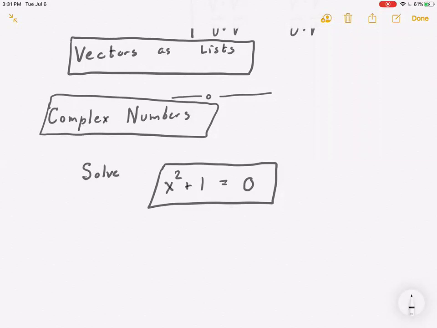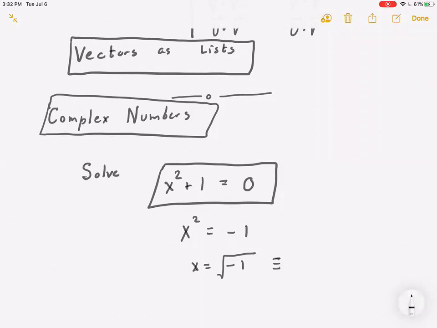If you were given the equation x squared plus 1 equals 0 and asked to find the values of x that satisfy it, you'd use the rules of algebra and discover you're in trouble, because you have to take the square root of a negative number, and you don't know how to do that. There's nothing you've seen in your experience of real numbers that would equip you to solve that.